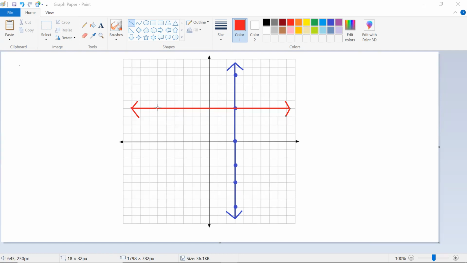If I ask you how much change in y there is, well, as you can see, all the points on this line have y value of 4. Therefore, the change in y is 0. So for a horizontal line, the change in y going from point to point is 0.